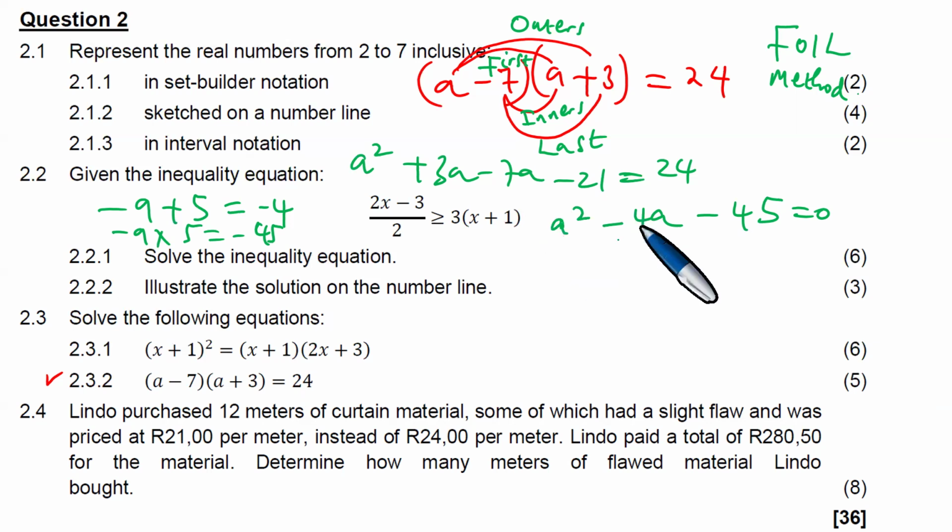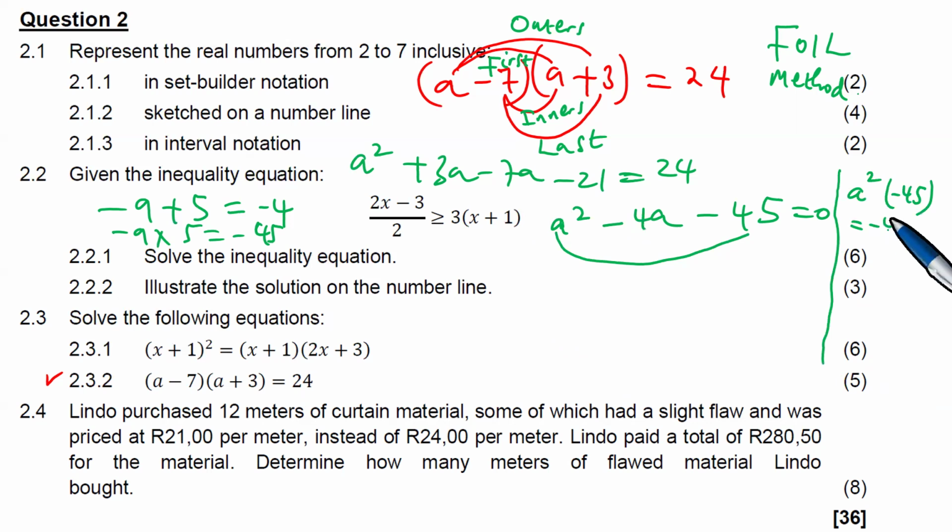To factorize a quadratic, you multiply the first and the last. And if you multiply the first and the last, what then do you get? You multiply a squared and minus 45, which gives minus 45 a squared.